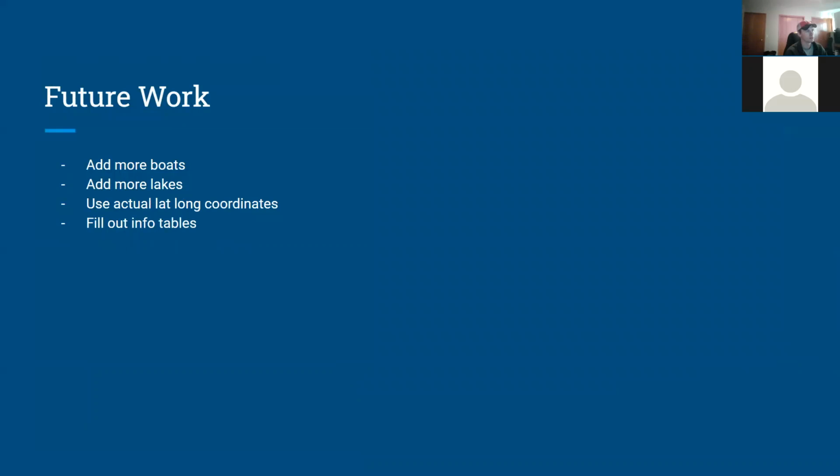Some future work that can be done is adding more boats, because usually a lake has a lot more than just a singular boat traveling across it. You can also add more lakes, that would be pretty nice.